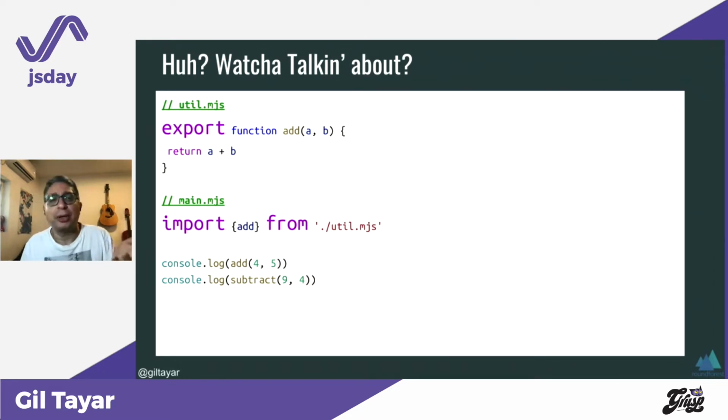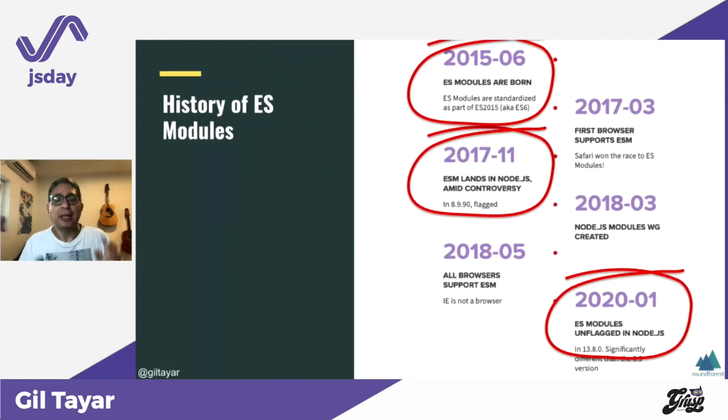As you remember, there's a history of ES modules. ES modules first appeared in ES6, or what is formally called ES 2015, and they were born there as part of the standard. But it took a long time for them to appear in JavaScript.